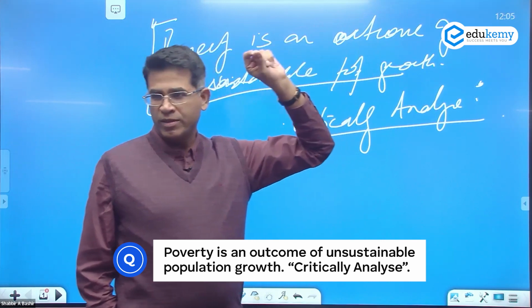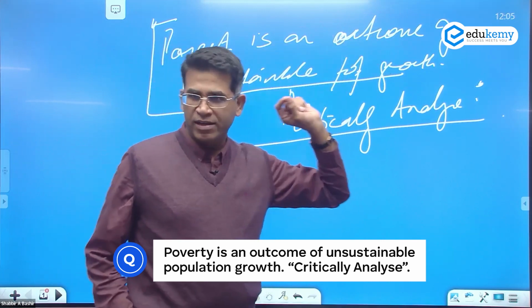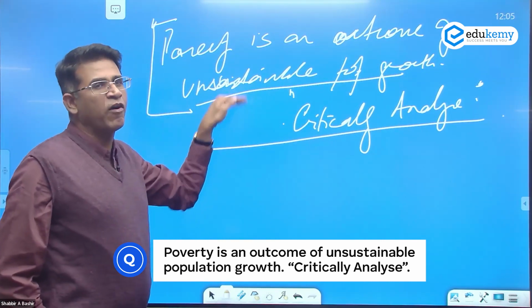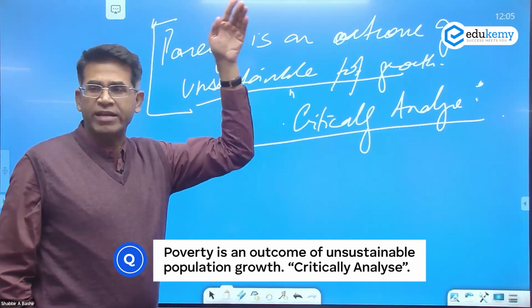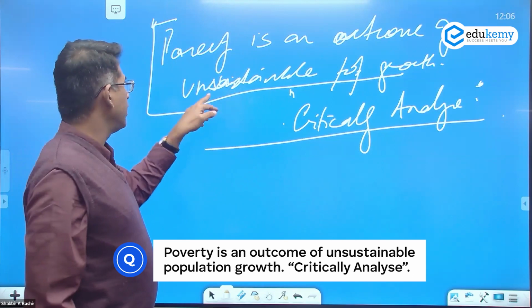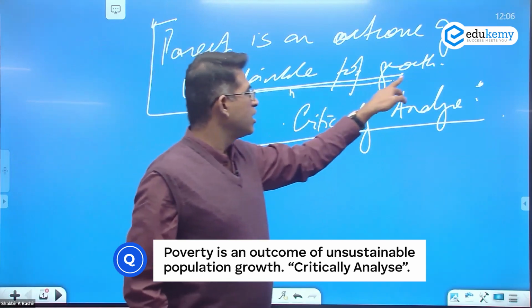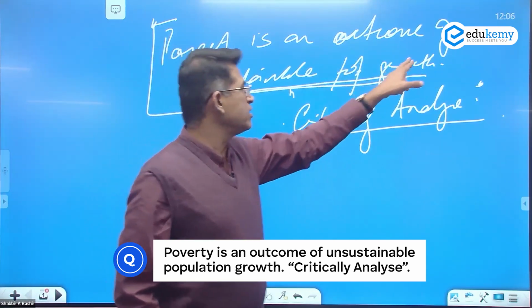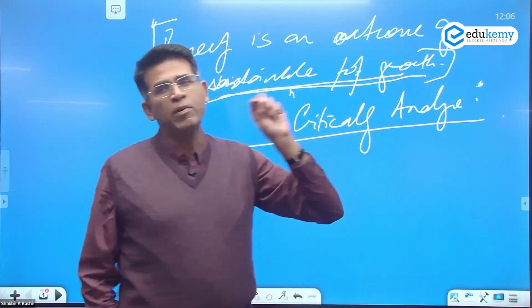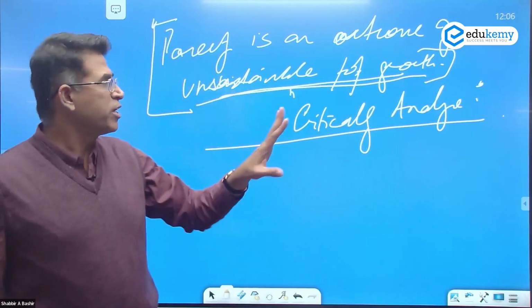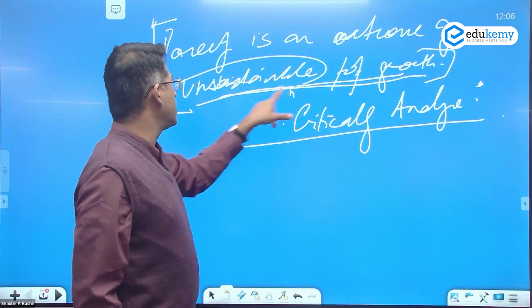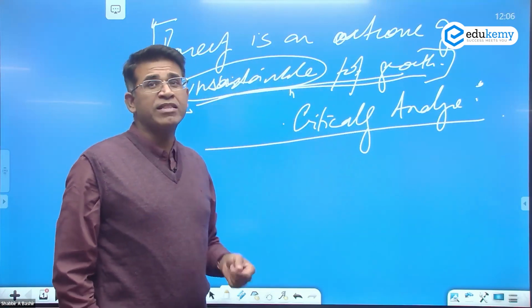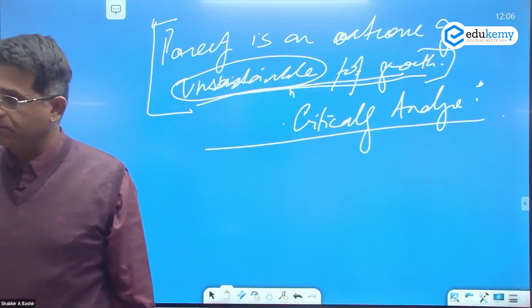Rapid growth, high TFR, death rate falling dramatically while the birth rate is still high or increasing. This basically means the growth rate is not capable of managing itself in the resources. That's why the word is unsustainable. Somewhere the idea of overpopulation.